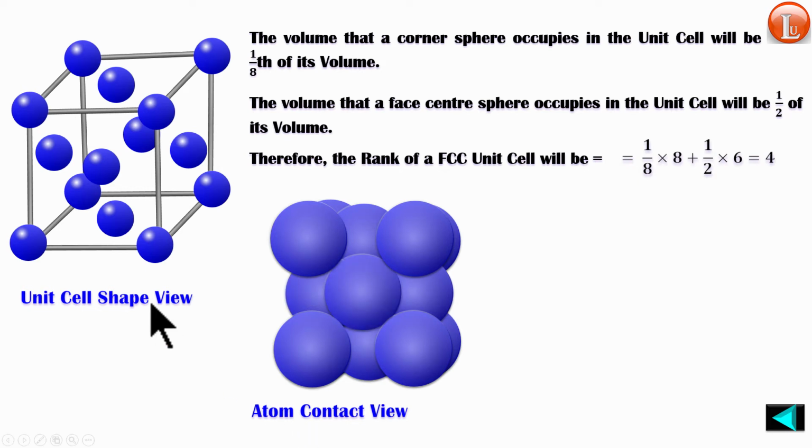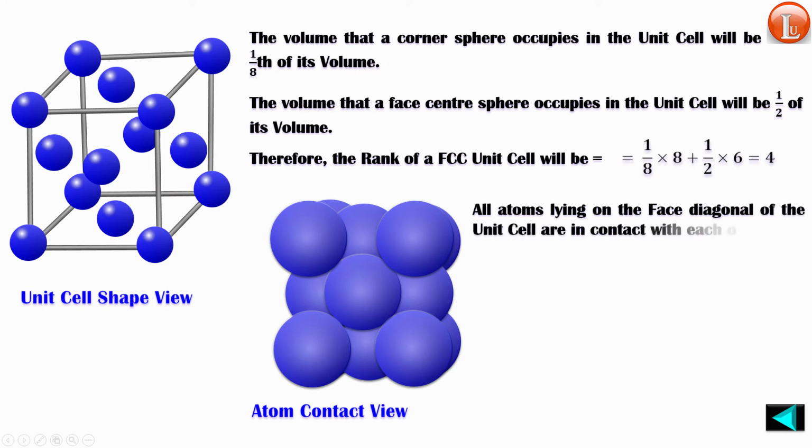So as you can notice, the face diagonal atoms touch each other. So root 2a, R, 2R and R. So root 2a is 4R. All atoms lying on the face diagonal of the unit cell are in contact with each other.